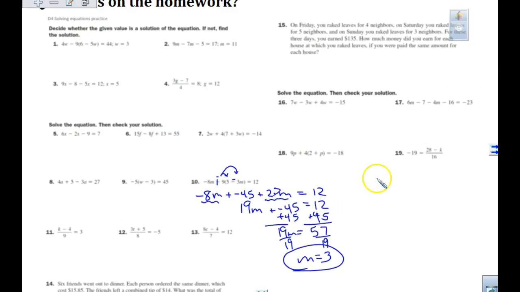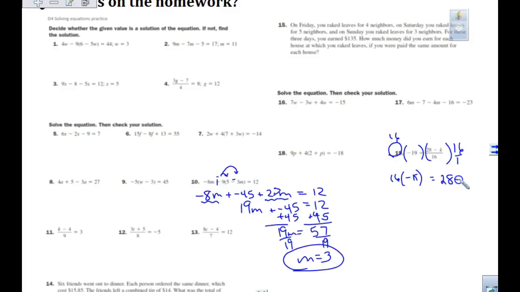Sorry. Bad problem. So, number 19. How do we get rid of dividing by 16? What do I need to do on both sides? Multiply by negative 16. Good catch on seeing me right there. So I have 16 times negative 19, and I'm just going to write it down here again.